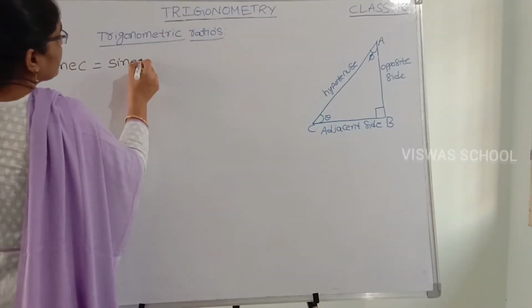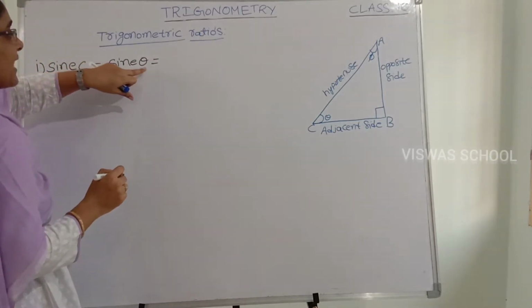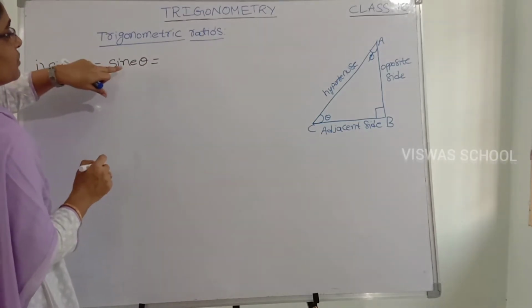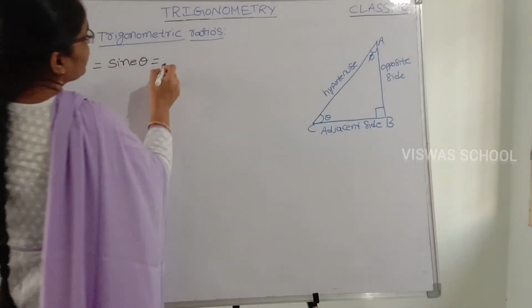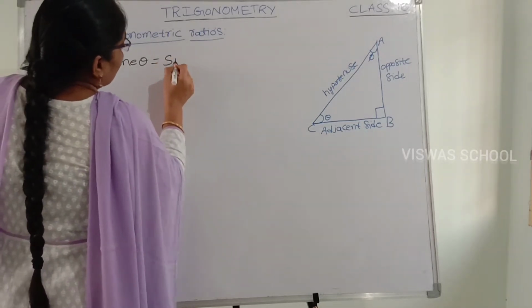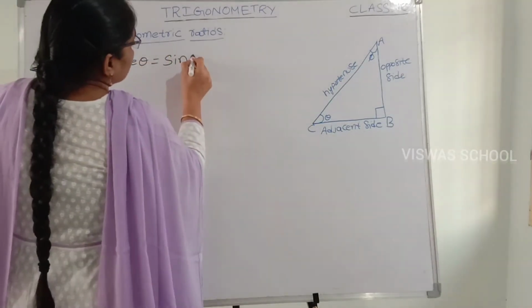That is sine theta. This is the full form. In short, how do you write sine? S-I-N. Sine theta. This is the short form.